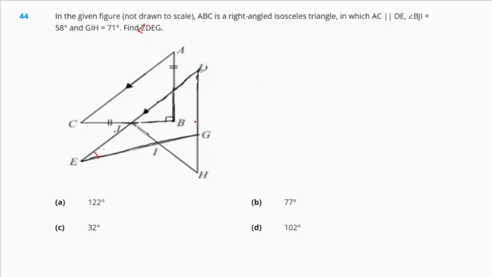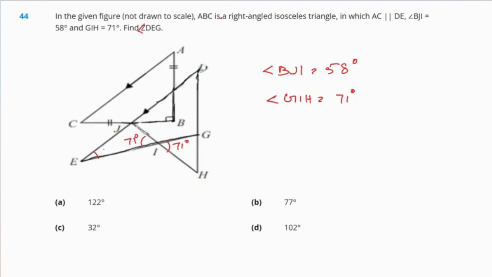Here it is given that angle BJI is 58 degrees and angle GIH is 71 degrees. Okay, GIH, this is 71. This is 71 means what? This one will also become 71 degrees.